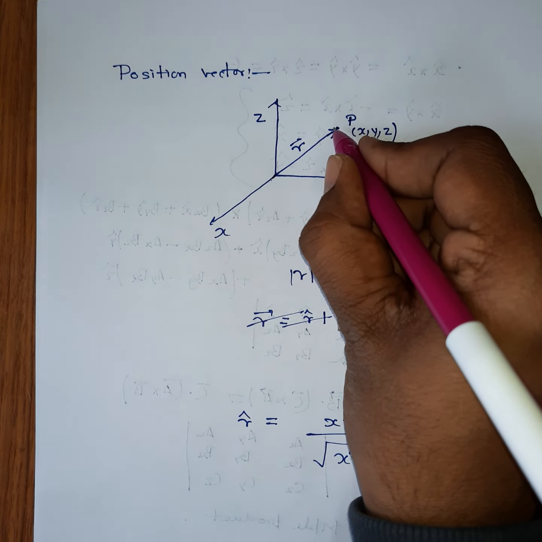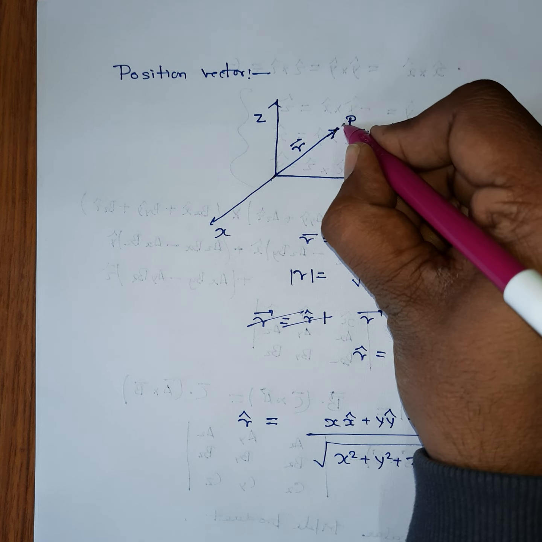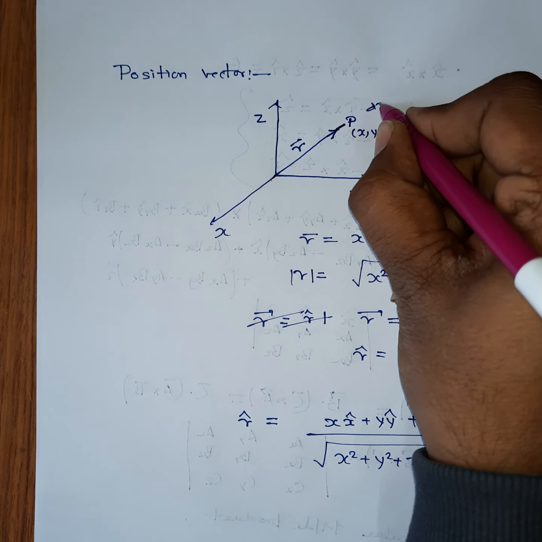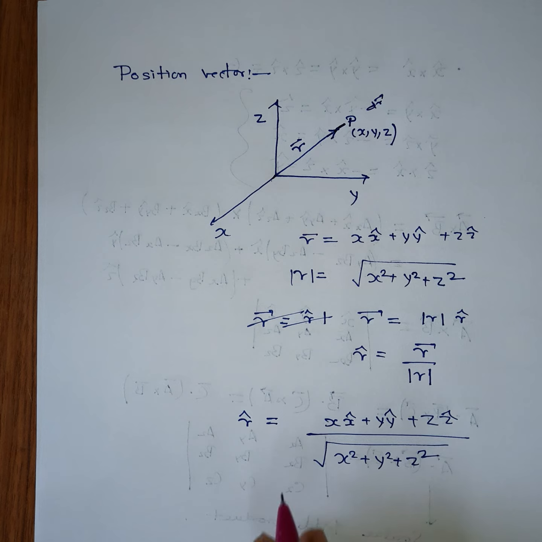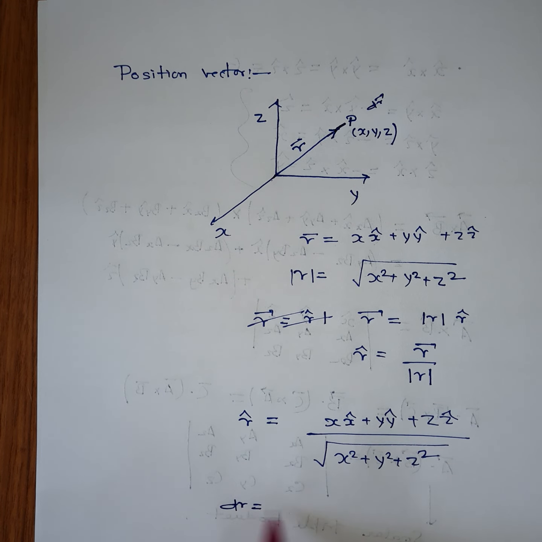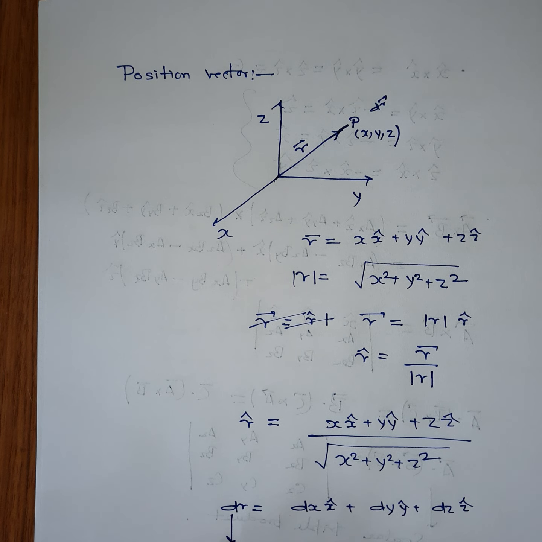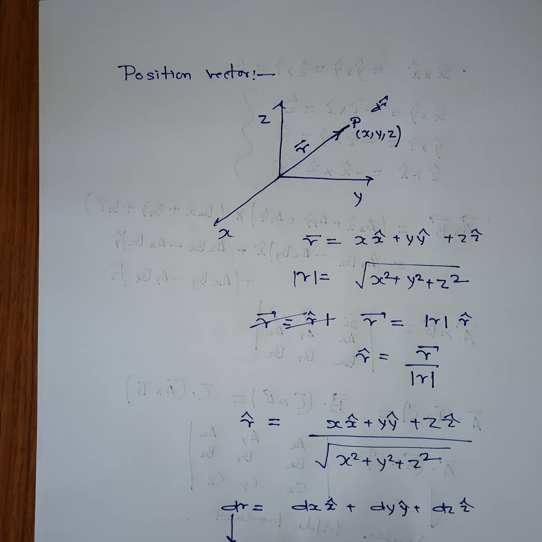Similarly, suppose this is the position r vector, then there may be another point at a small displacement along this, that may be dr vector. So a small increment dr can be written as dx x cap, dy y cap, dz z cap. This is called the infinitesimal displacement vector.